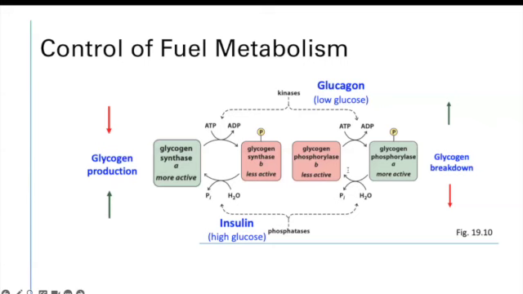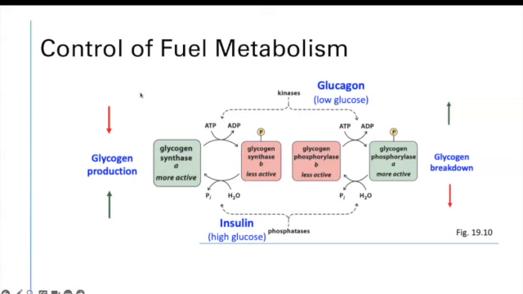In turn, if we have low glucose and glucagon signaling low glucose, it's going to activate a bunch of different kinases, and those kinases are then going to phosphorylate glycogen phosphorylase B in its inactive state. As it gets phosphorylated, it's going to be in its active state, glycogen phosphorylase A. Glycogen breakdown will be stimulated. We will break down glycogen.